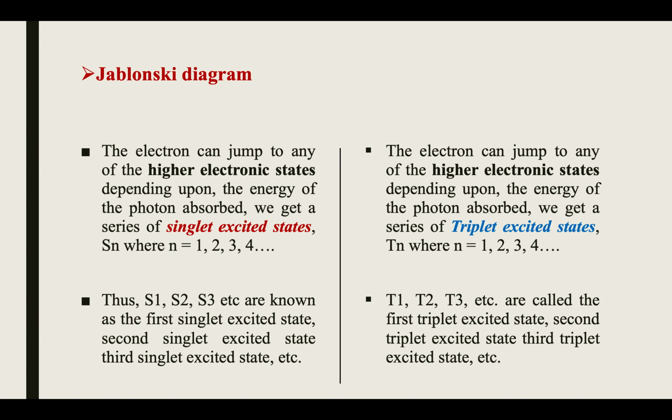T1 is the first triplet excited state, T2 is the second triplet excited state, and T3 is the third triplet excited state. So this is the naming of the energy levels.